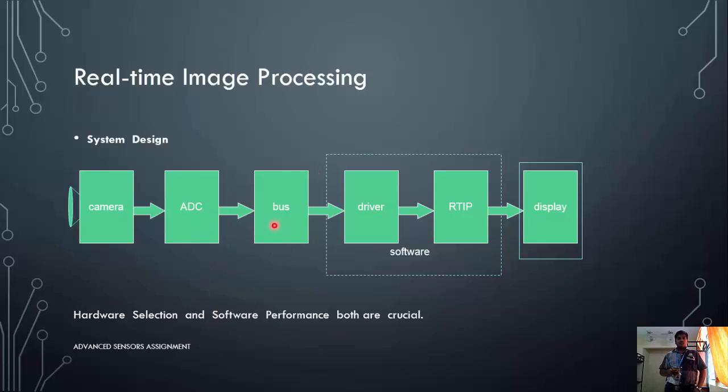The data bus sends the signals to the software and driver and RTIP, and finally it gives them by receiver transmitter input. The video signals will be displayed through the display unit. In real-time image processing, hardware selection and software performance are both very crucial.